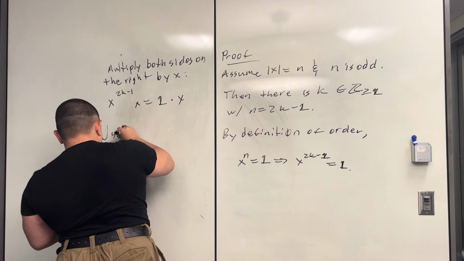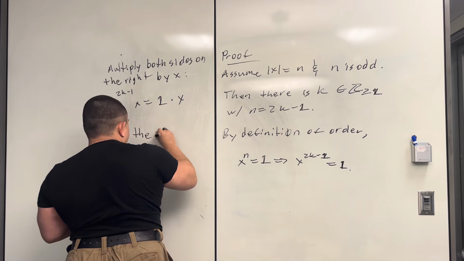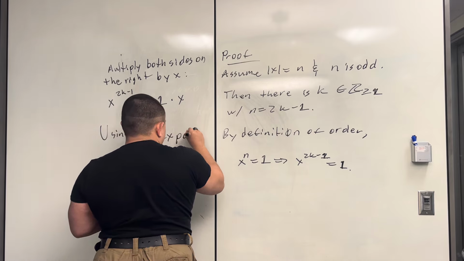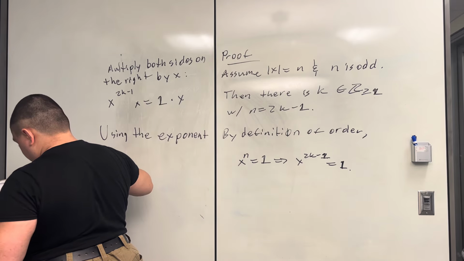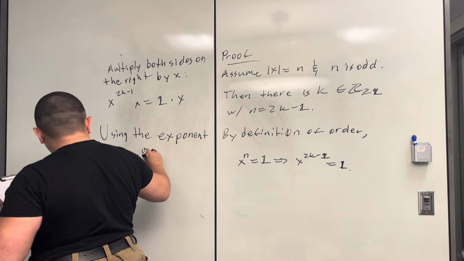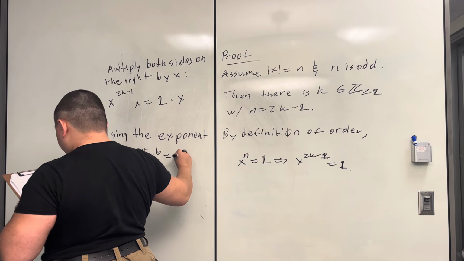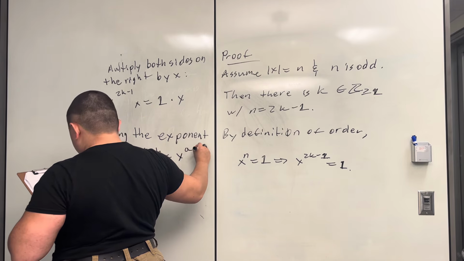Using the exponent law, x to the a times x to the b is equal to x to the a plus b.